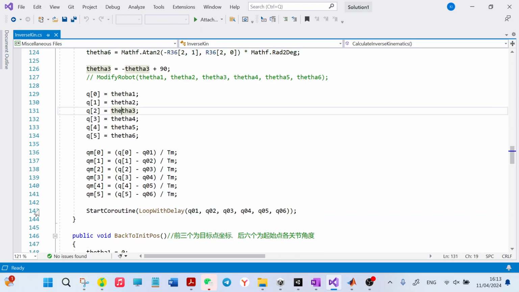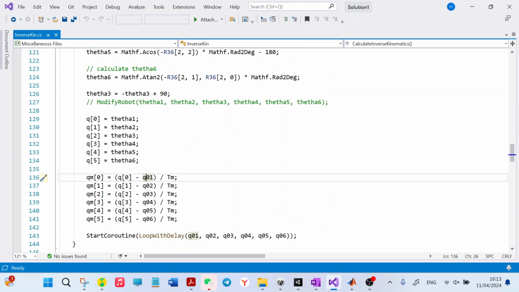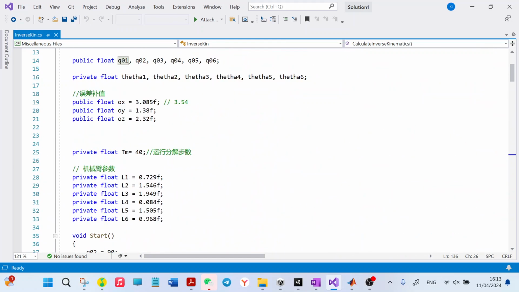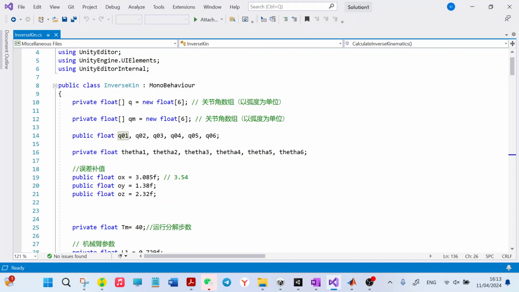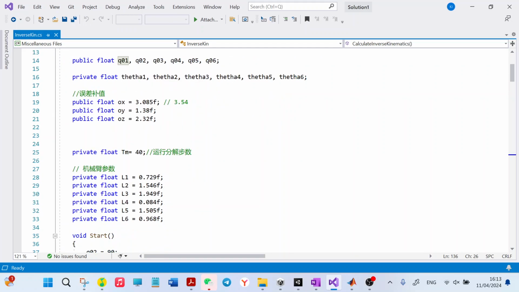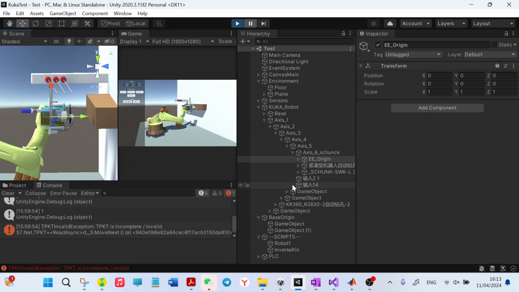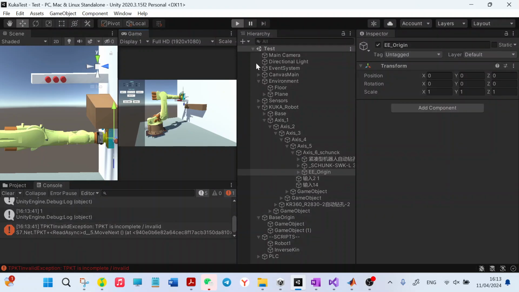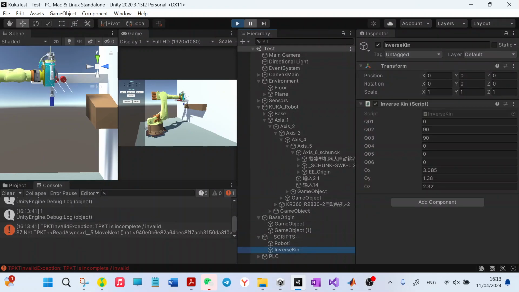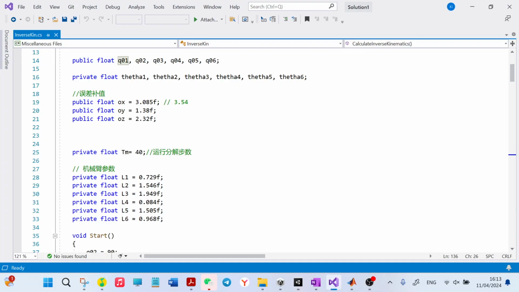Now some initial, and here the desired, so desired minus initial. Let's start this one again. So here we have initial angles. By default these are initial angles.